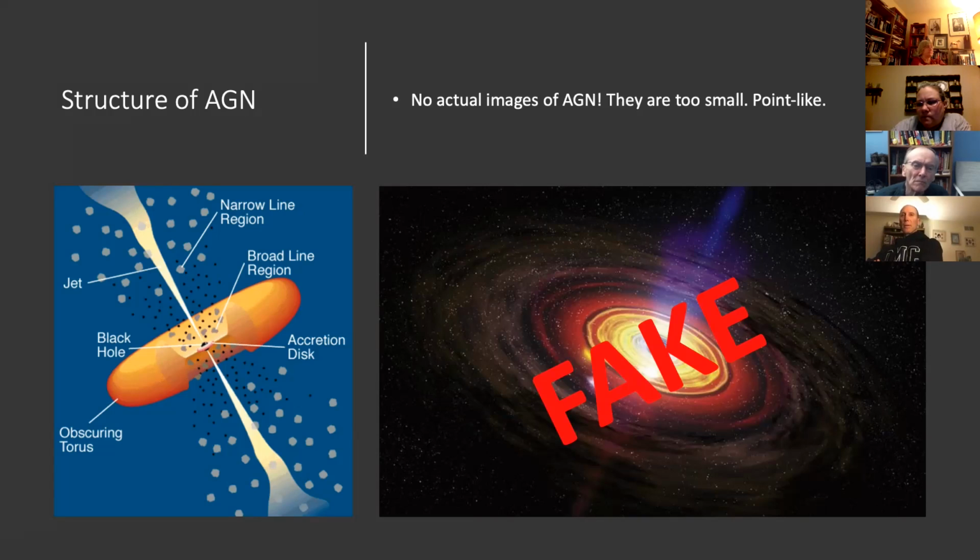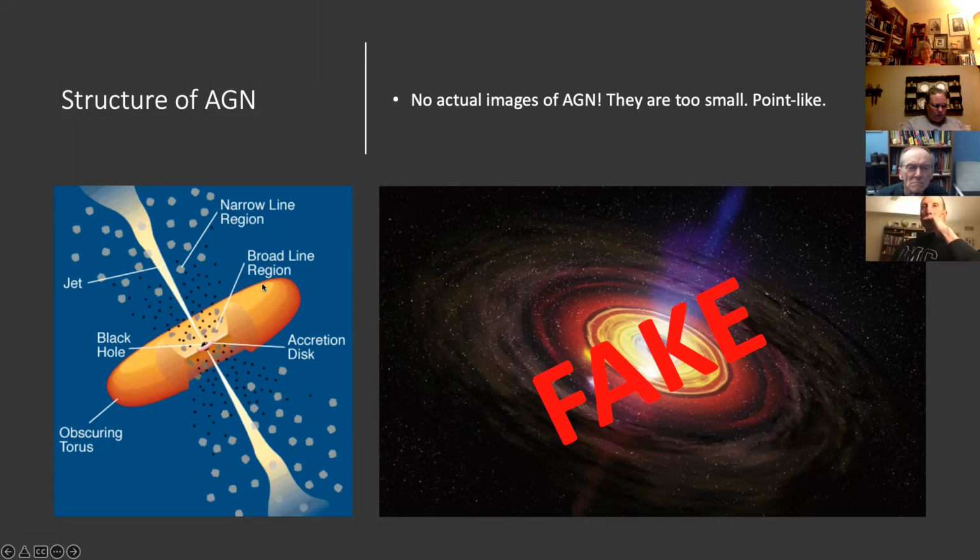And then this rotating disk called the accretion disk will create its own magnetic field perpendicular to the face of this accretion disk itself. It'll shoot out from both ends of the black hole. And then there are these other regions that just exist because they have to.